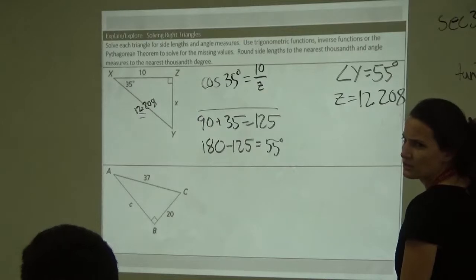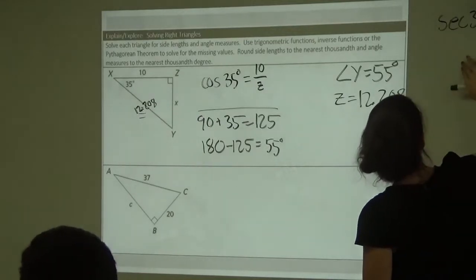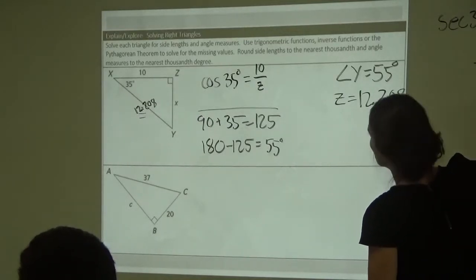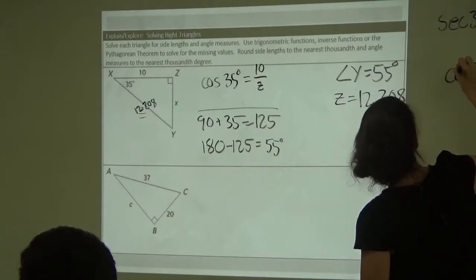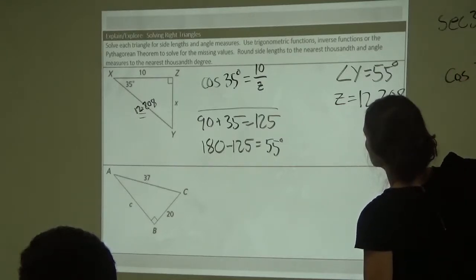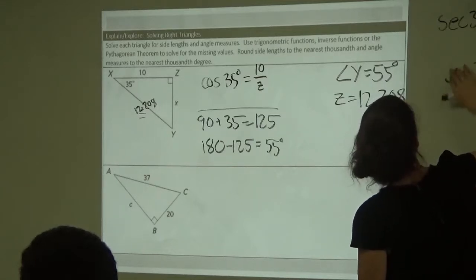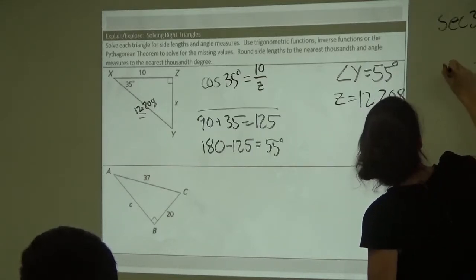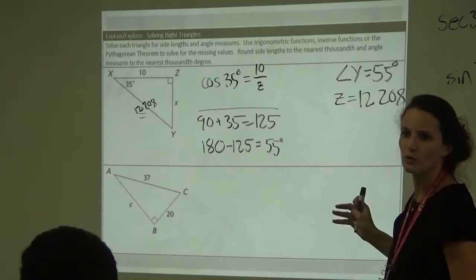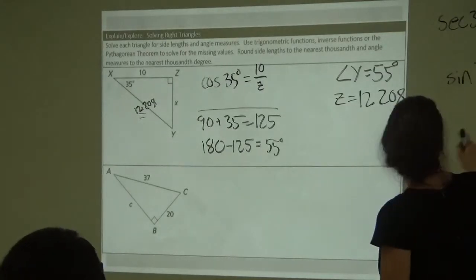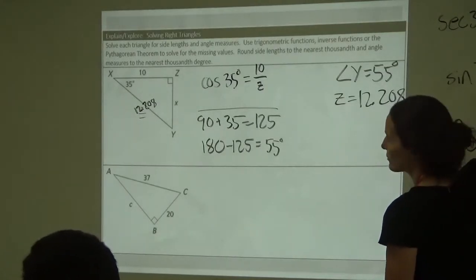Do we have the adjacent? Not yet. Cosine inverse would be the adjacent over the hypotenuse. We still don't have the adjacent. So for the way we're going, it'd have to be opposite over hypotenuse.